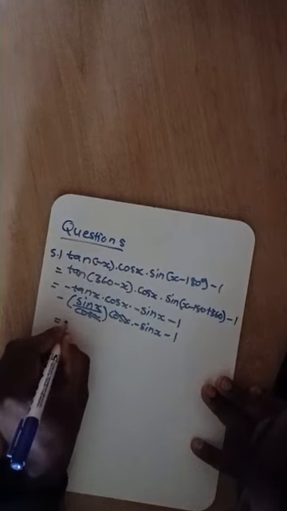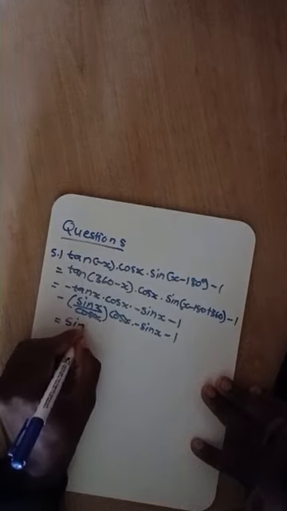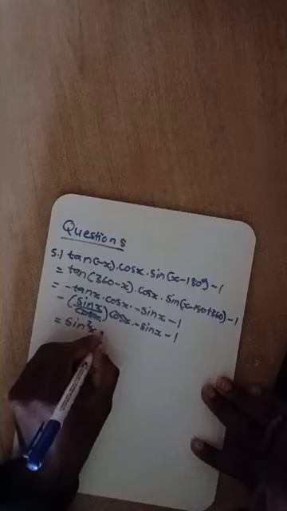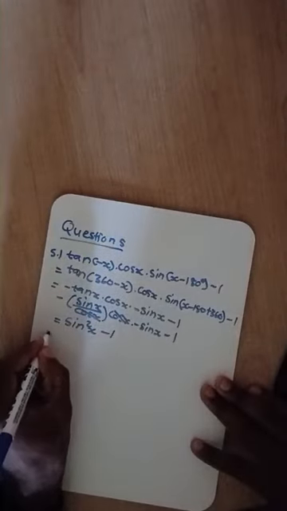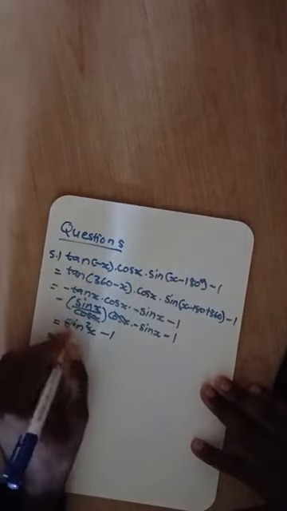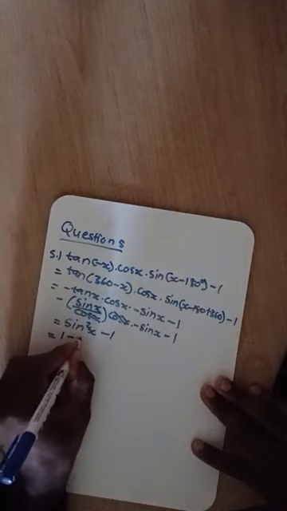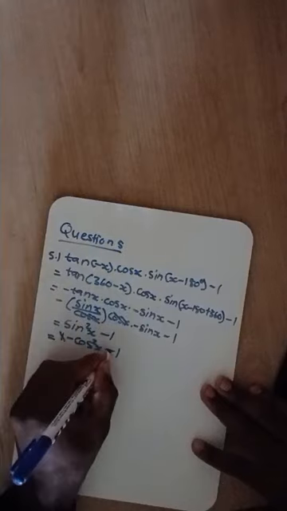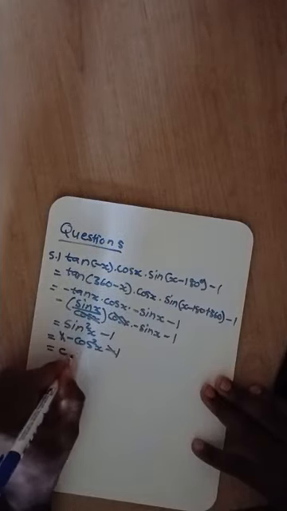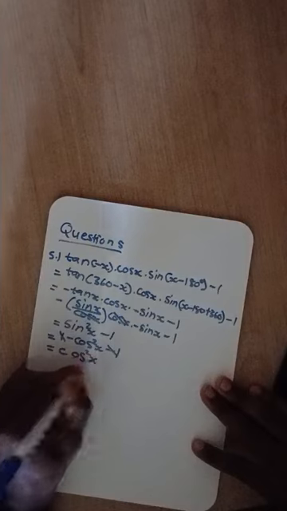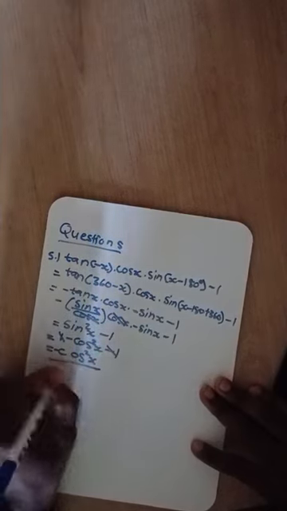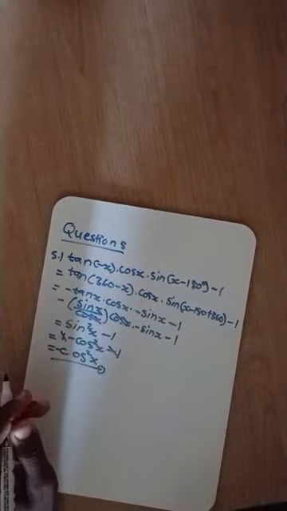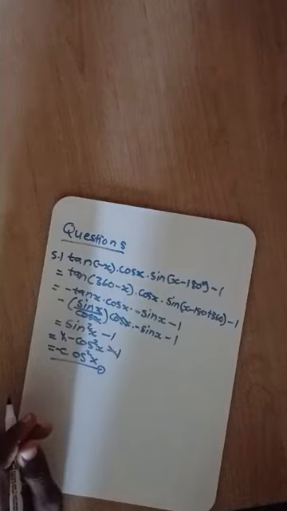So we're going to have positive sine squared x minus 1. And then if we put it simply, we know that this is 1 minus cos squared of x, minus 1. This and this will cancel out. We are left with cos squared x. Remember, it's negative there. So that is the solution for 5.1.